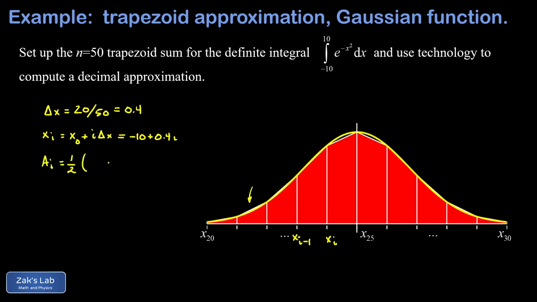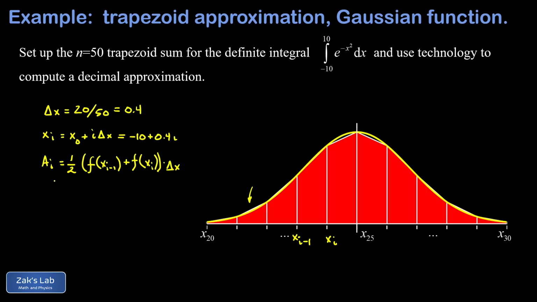So what we're going to do is take our function, which is e to the negative x squared, and I'm going to call it f for the moment. We evaluate that at the left side, which gives us the height at the left side of the trapezoid. We evaluate that at the right side of the subinterval, giving us the height at the right side of the trapezoid. And then we just take the arithmetic mean of those two values. So we add them together and divide by 2. And now we multiply the average height by the width, which we already have a name for, delta x. So there's the area of an individual trapezoid.